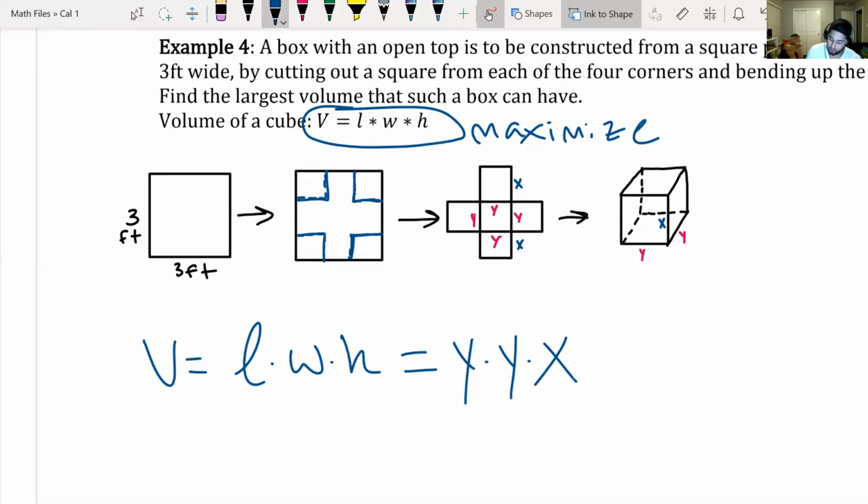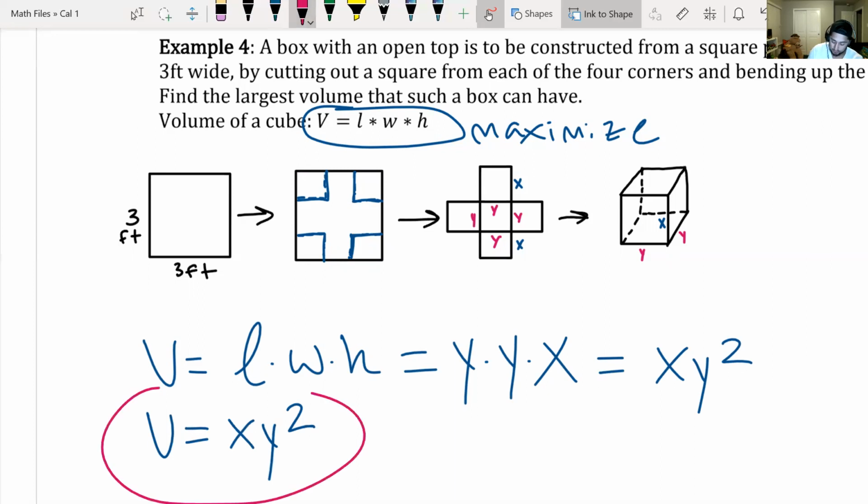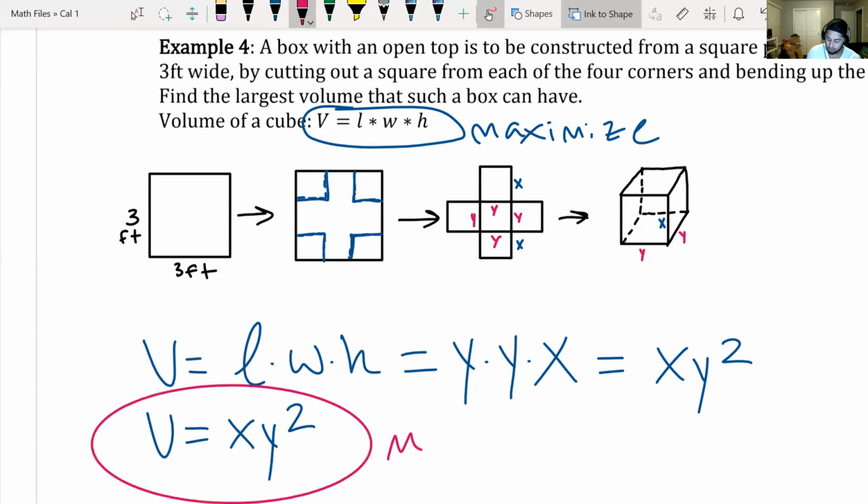So this means that volume becomes xy squared. So volume is given as xy squared. And this is the one that we need to maximize.